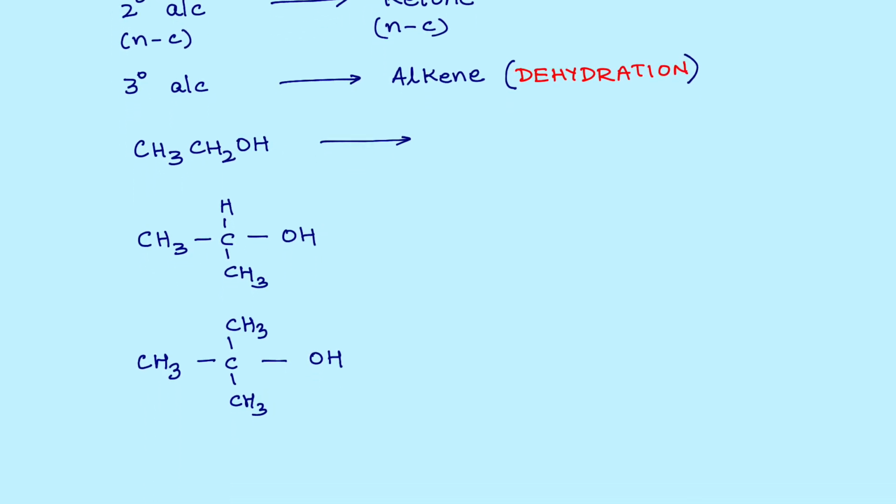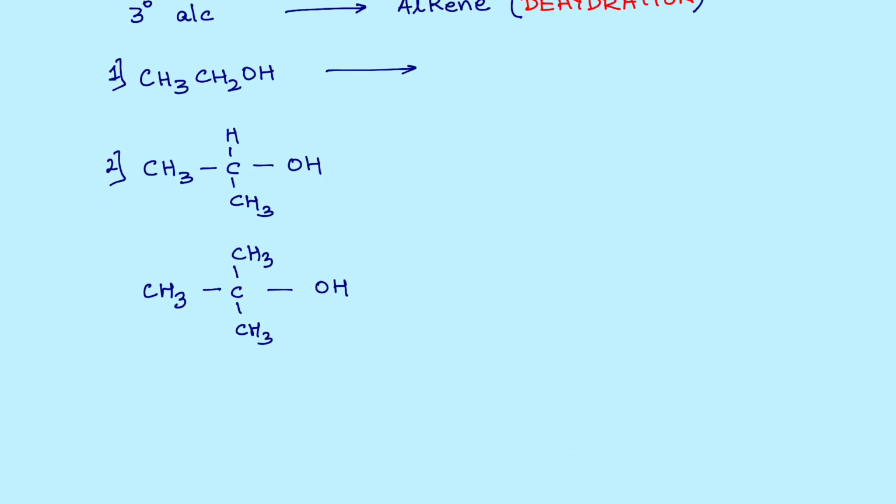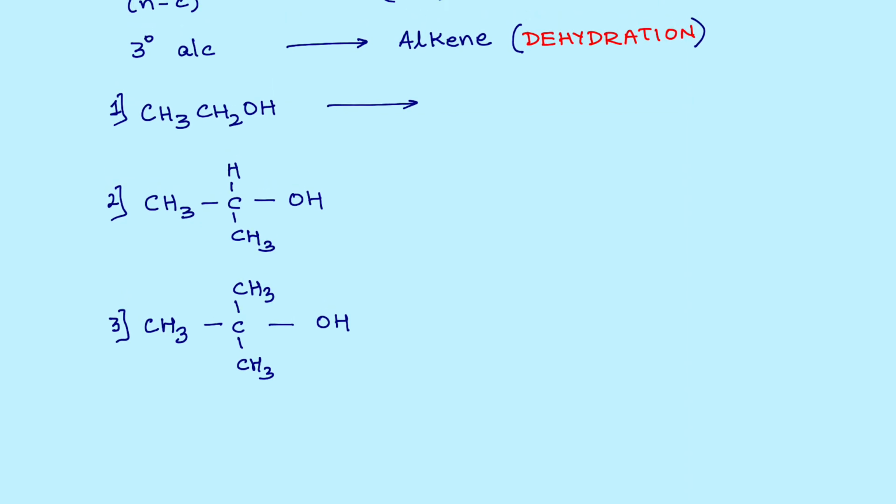Now again, I have given you 3 compounds, the same 3 compounds, 1, 2 and 3. So first one, ethanol. Second one, propan-2-ol. Third one, 2-methylpropan-2-ol. Complete these reactions and tell me what will be the products formed when they undergo catalytic dehydrogenation.